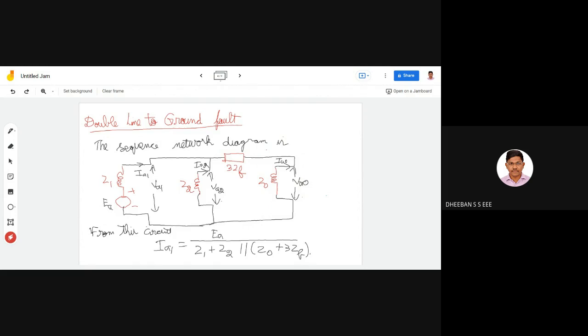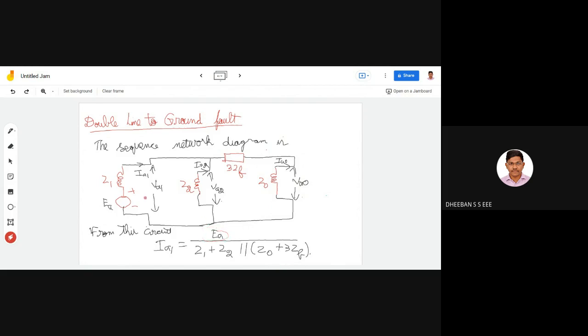Okay. So here, in order to find that, what you can see is the EA. So this is your voltage drop, and the voltage. So this is your voltage rise.